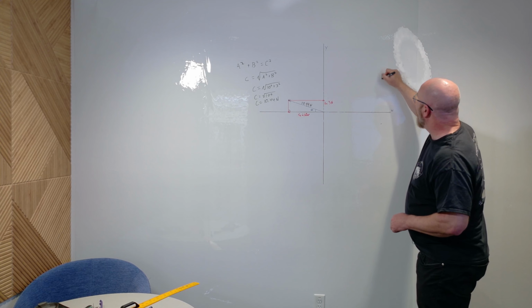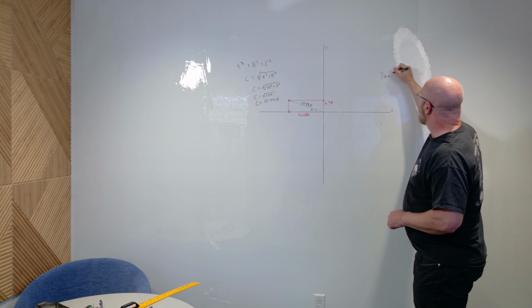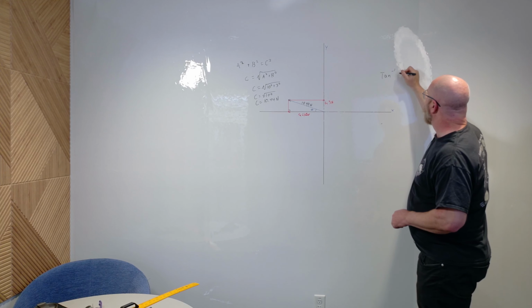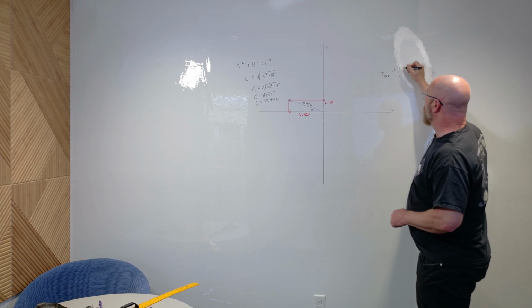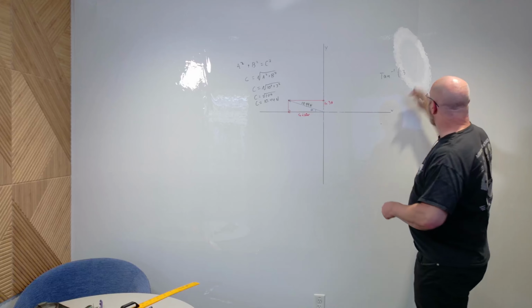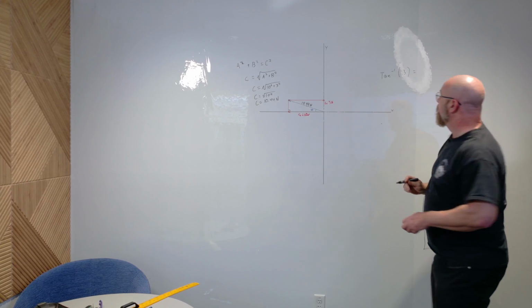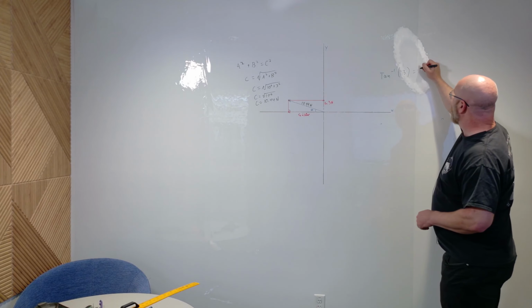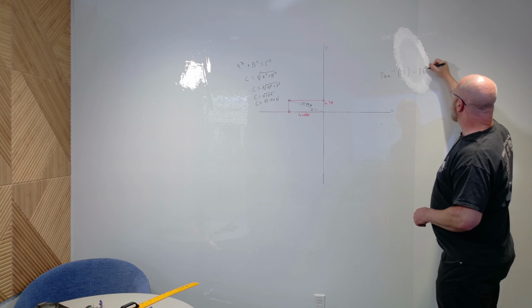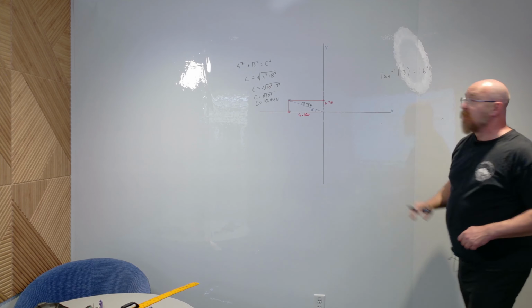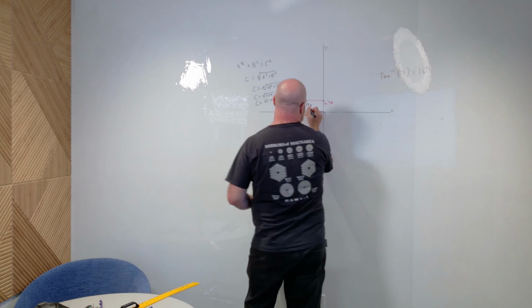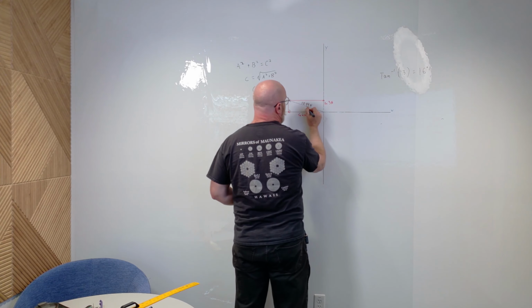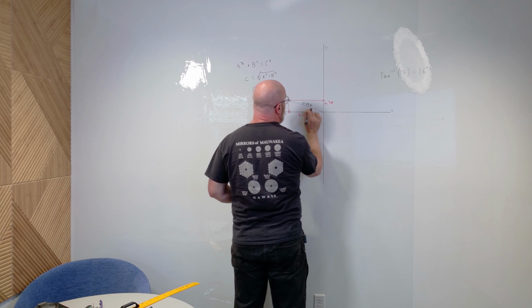So theta equals tan to the minus 1 of 0.3, because that's 3 divided by 10. If we plug that into the calculator, we will get 16 degrees, approximately. And that's what theta is here. Pretty simple. We're just plugging it into the calculator, and this theta now is 16 degrees.